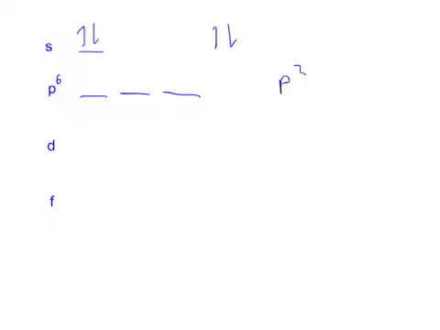Now I cannot put 2 up spins in the same orbital. That simply won't work. So that right there is no good. Instead what I would do is put 1 electron with an up spin in this orbital and 1 in one of the other orbitals. It doesn't really matter which. I always put it in the next one. But that's how I would represent p2.